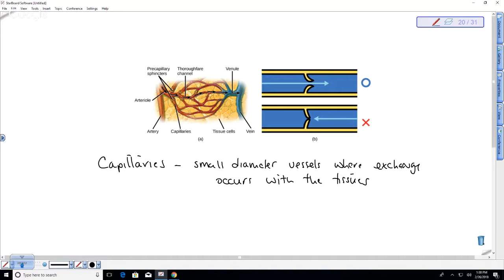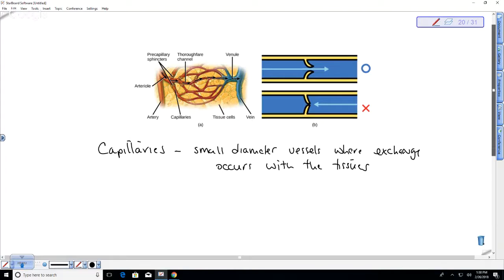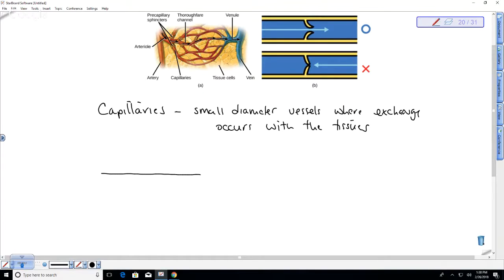So when we look at capillaries, coming into a capillary, we have a very small artery, which is called an arteriole. So we say that this end is the arteriole end, and this end is the venule end. And I didn't forget the I in venule. For some reason, they take that I out. So arteriole is just the way that the blood flows. So the blood is going to be flowing in this direction through the capillaries.